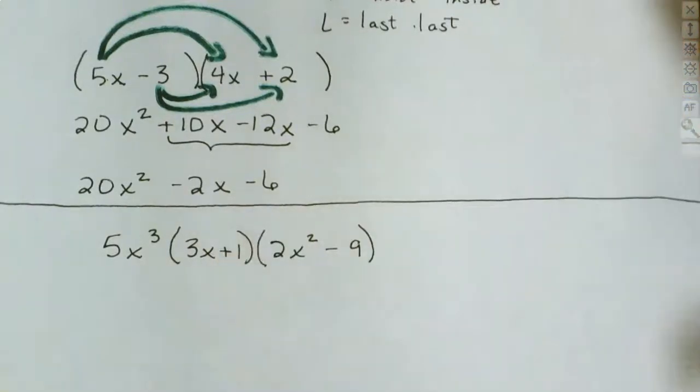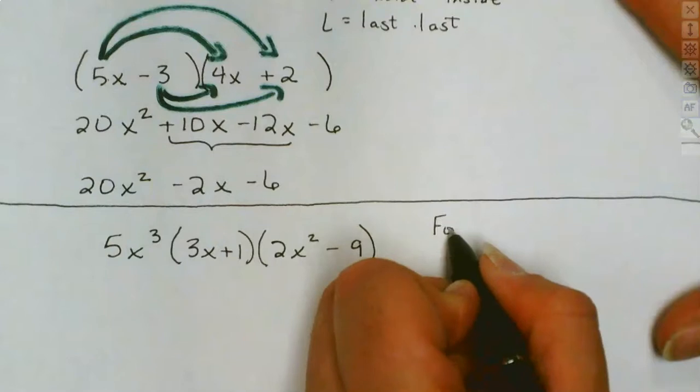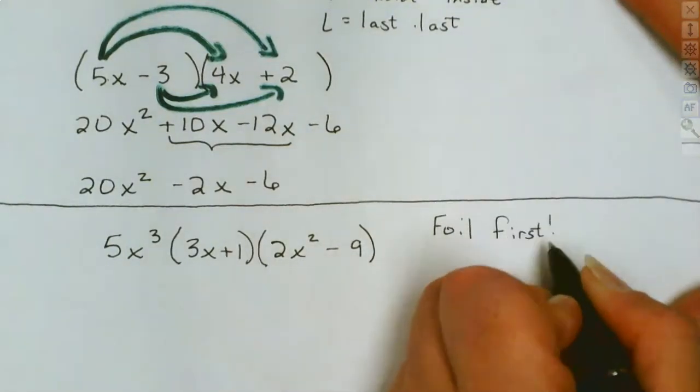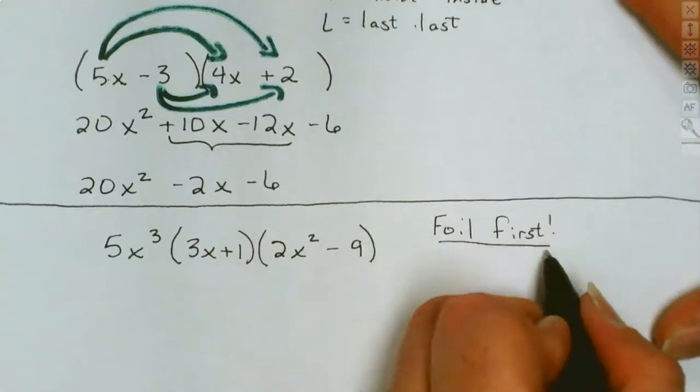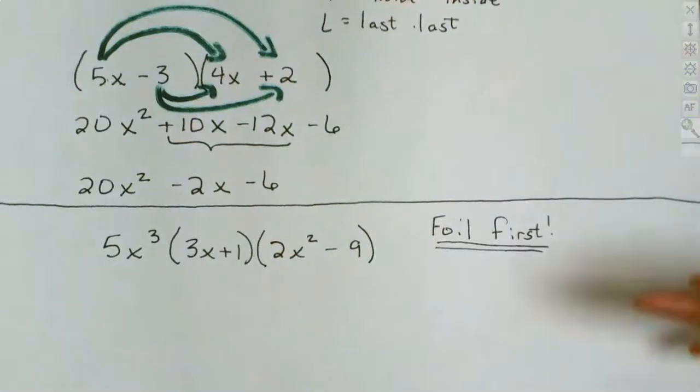Well, if I gave you this one, what we do is we FOIL first. Before we do anything else, we'll bring down that 5x cubed, and then we'll distribute it at the end. So distribution goes at the end.